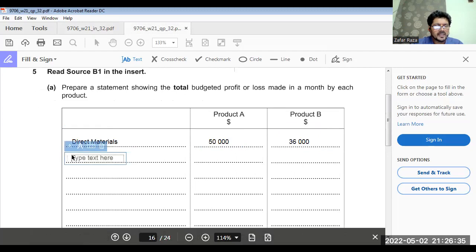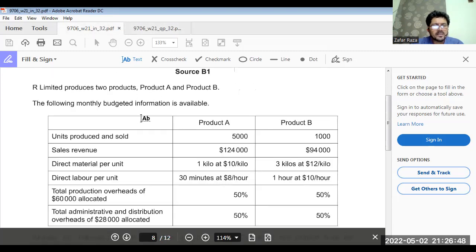Okay. Now come to direct labor. Now direct labor, let's check with the direct labor. Direct labor means 30 minutes at $4. 30 minutes, so 30 divided by 60 multiplied by 5,000. So it means 2,500 hours multiplied by 8.